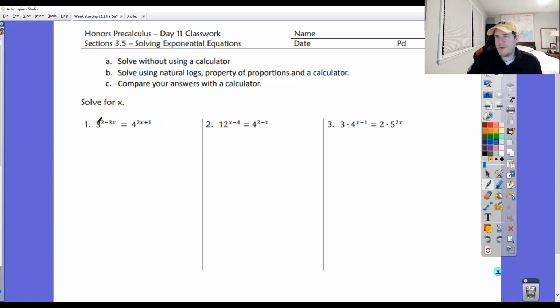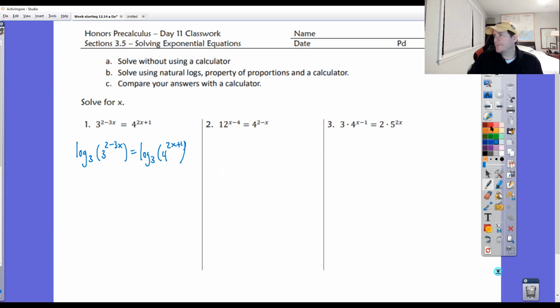And one thing to do is maybe use one of the bases as the base of your log. You could go with a log base 3, let's say. You get log base 3 of 3 to the 2 minus 3x, and that would then be equal to the log base 3 of 4 to the 2x plus 1.